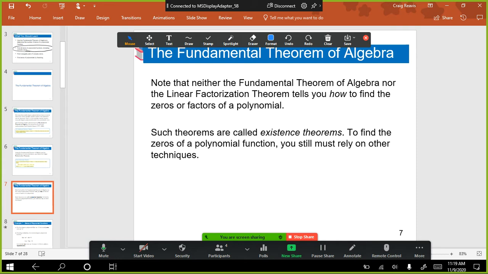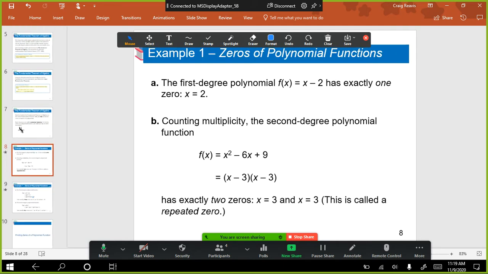We talked about repeated zeros. And then if it's like x cubed where it goes through the x-axis and has that little flatten out, that could represent three real zeros. But what we're going to look at today is more of the factoring and things like that.